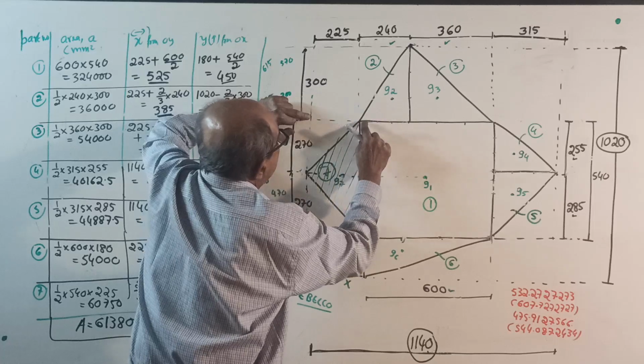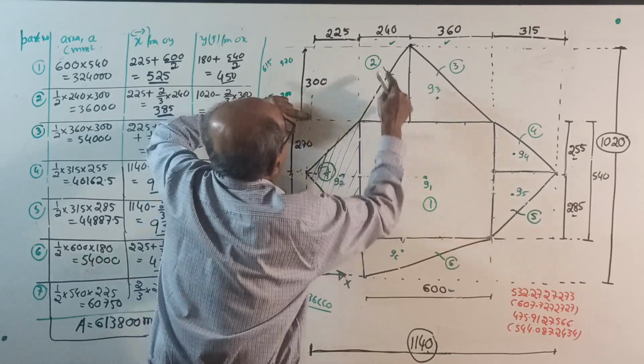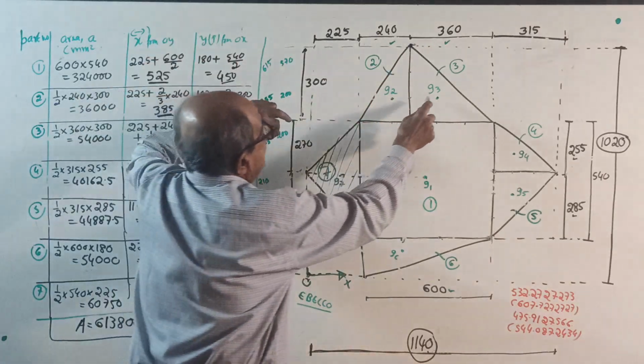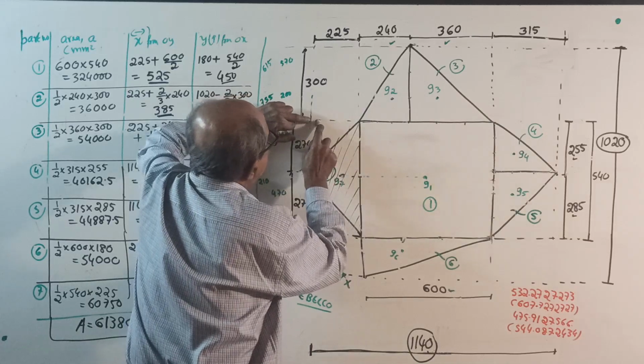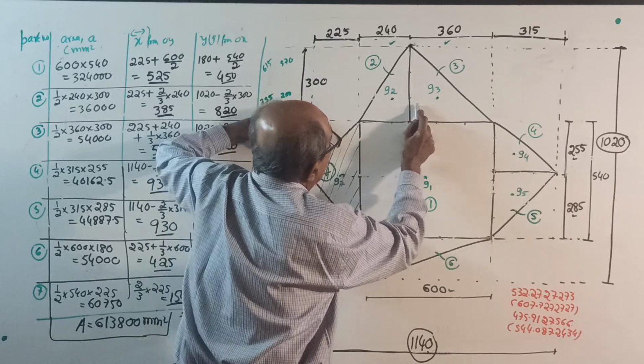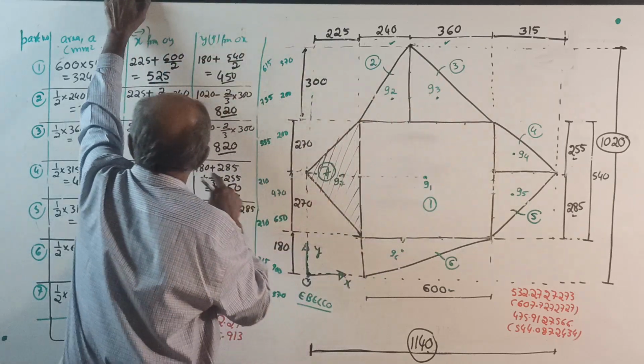225 plus 2 by 3 of 240. Okay. 3. 225 plus 240 plus 1 by 3 of 360.